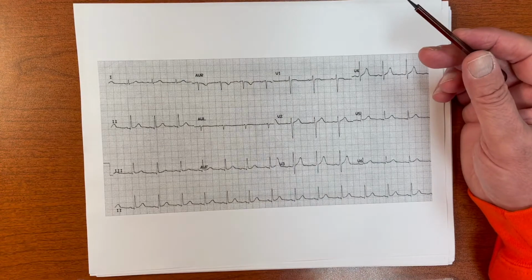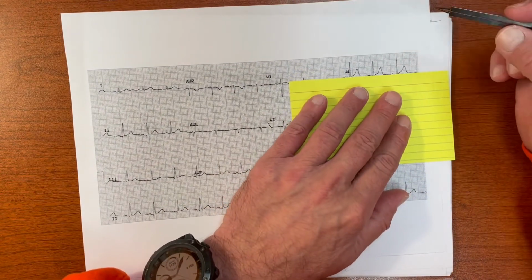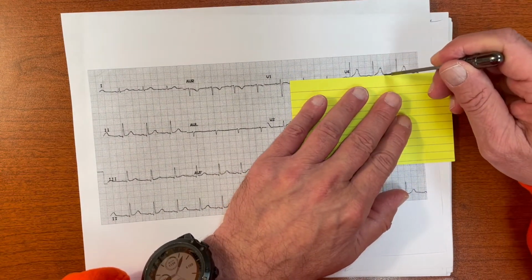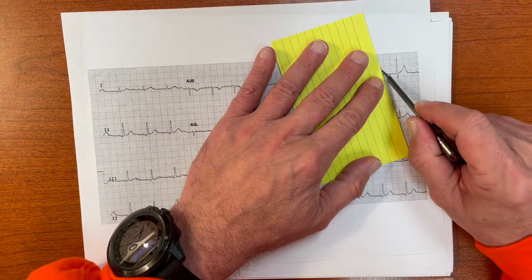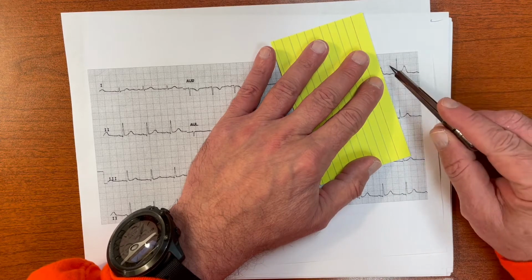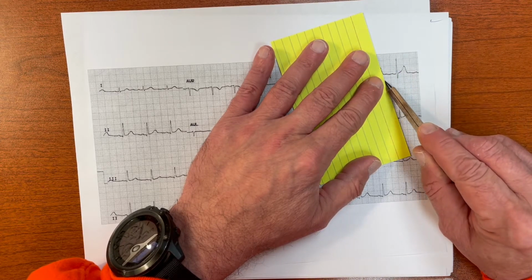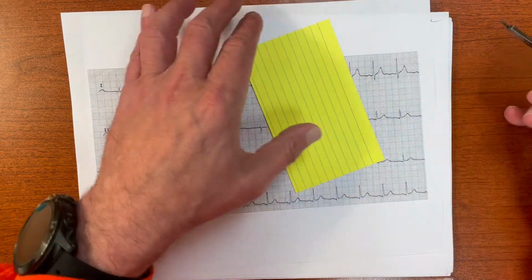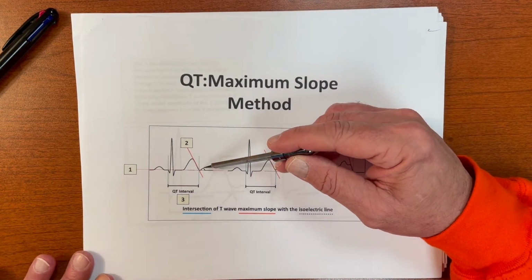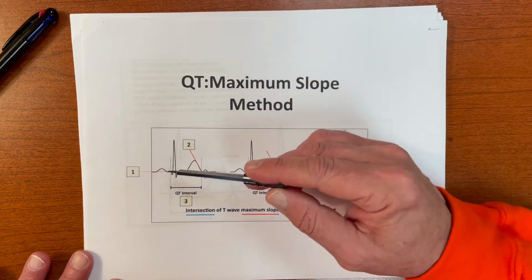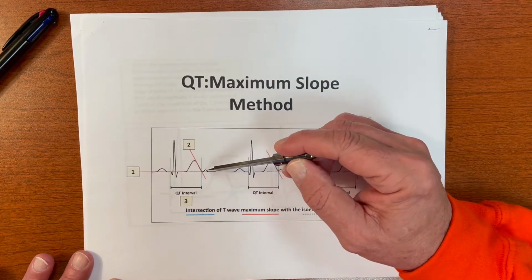So in real time, that would look like, let's say here, I draw my TP, and then I would take my card, I would lay it parallel on the descending slope of the T wave and draw that down where they would intersect.